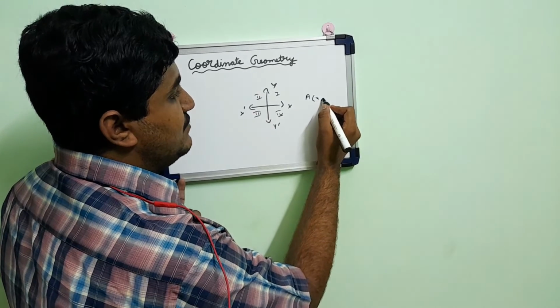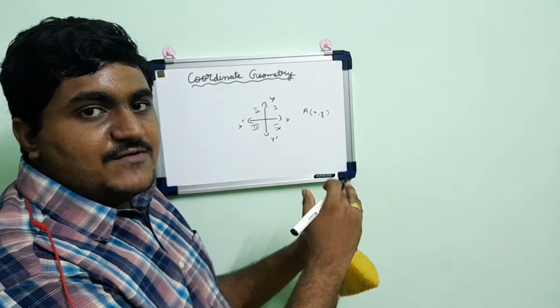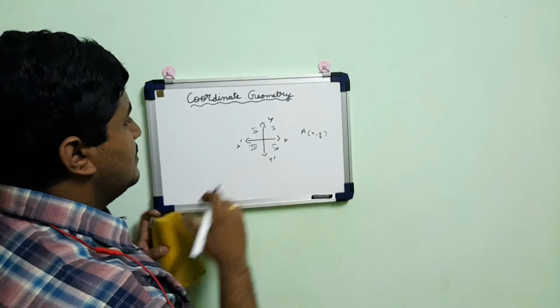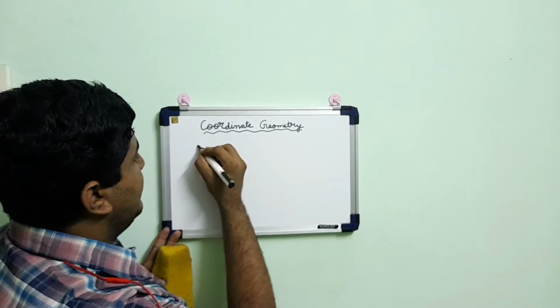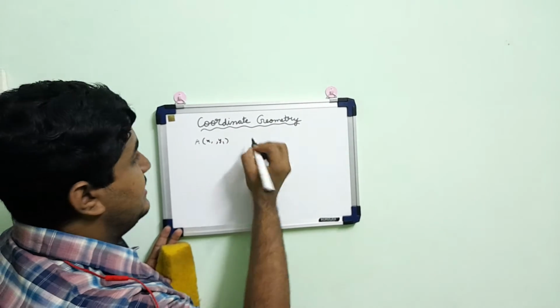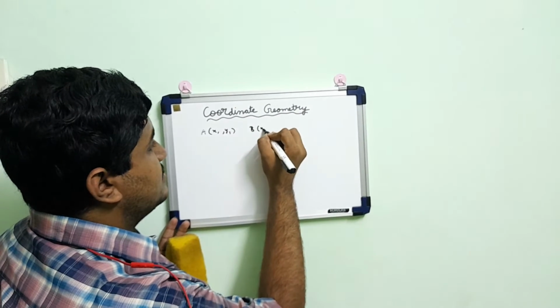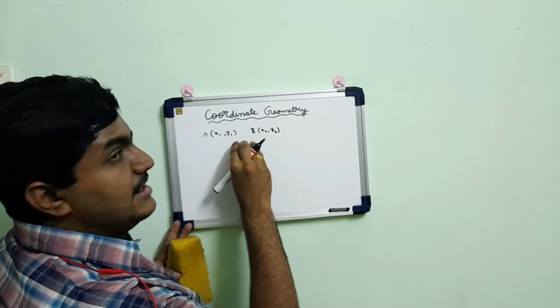So now we will take the point A as x comma y, which should be in any one of the quadrants, and we should know the sign convention correctly. Now we will take 2 points and discuss the distance formula. Let A be x1 comma y1 and B be x2 comma y2.